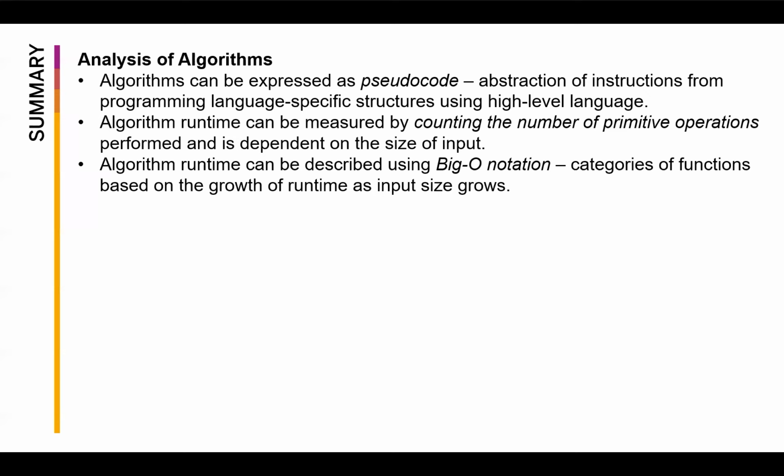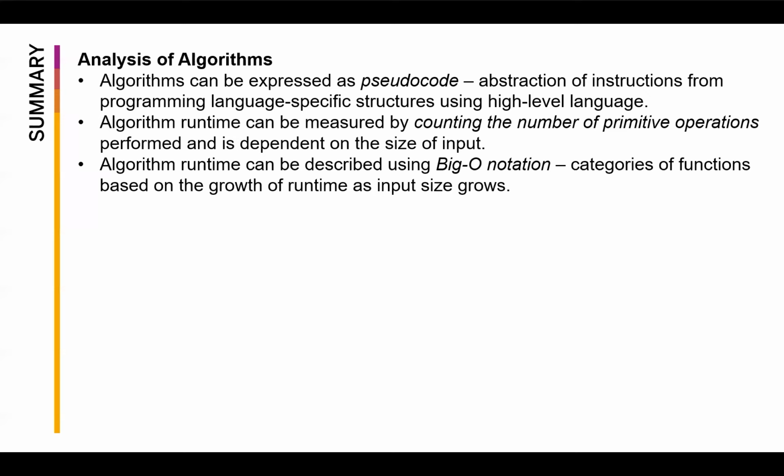Algorithm runtime can be measured by counting the number of operations, and it's very dependent on the size of input. We've seen, at least from the examples earlier, na we have linearly growing algorithms, and we have quadratically growing algorithms for nested loops. A linear search would be a linearly growing algorithm, and so on.